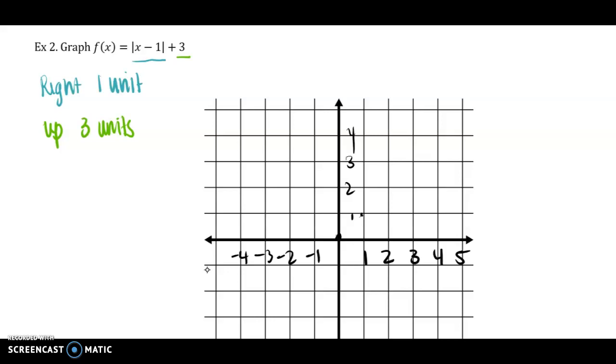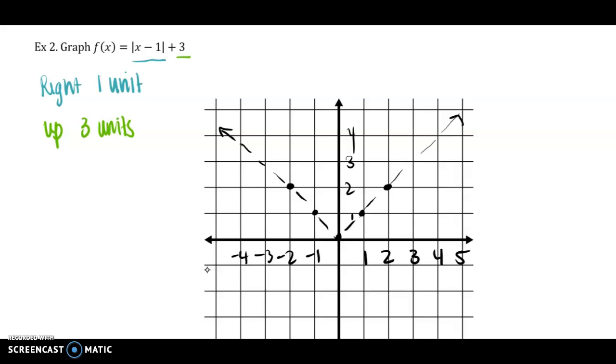And again, we're going to go ahead and just dot that. All right, and then we're going to go ahead and graph this one. So I'm going to move everything right 1 unit and up 3, all at the same time.